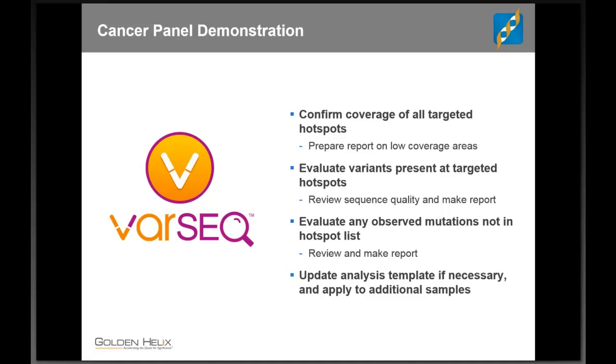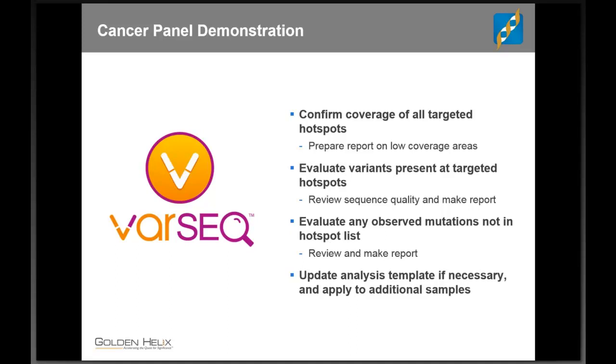What you're going to see in VarSeq today is that we can take a particular workflow, and after it's been done once, we can do it over and over and over again with additional samples in the future.